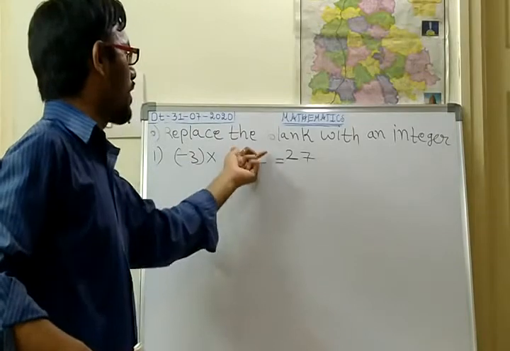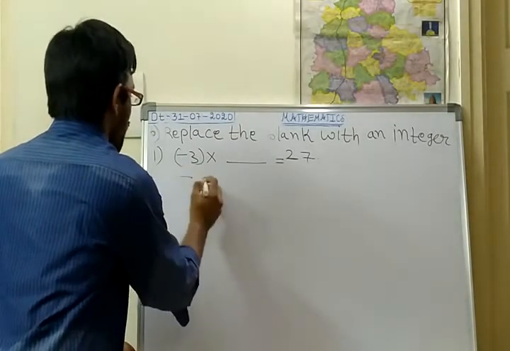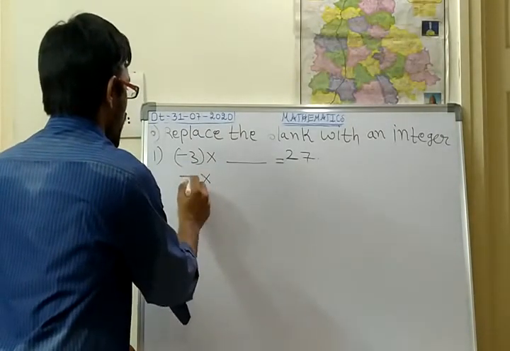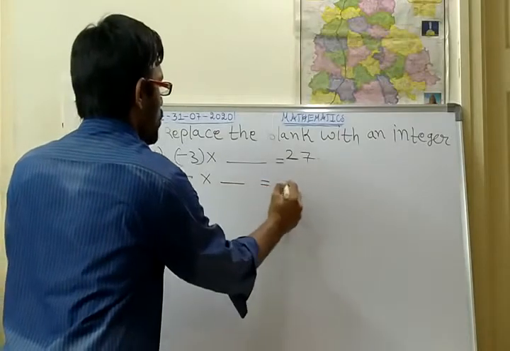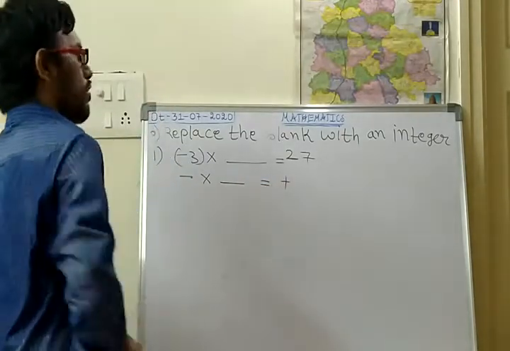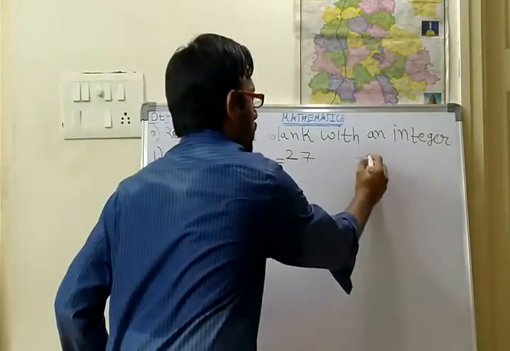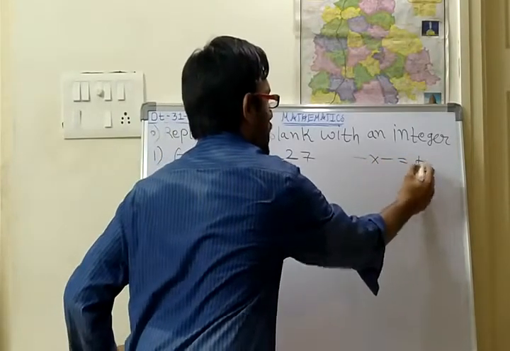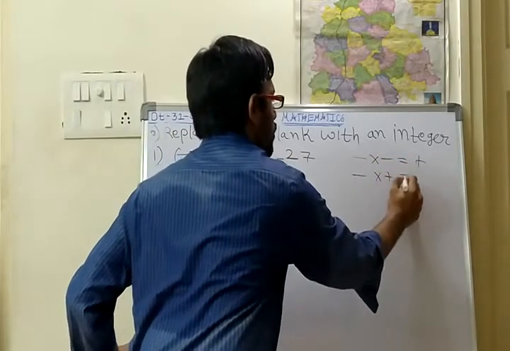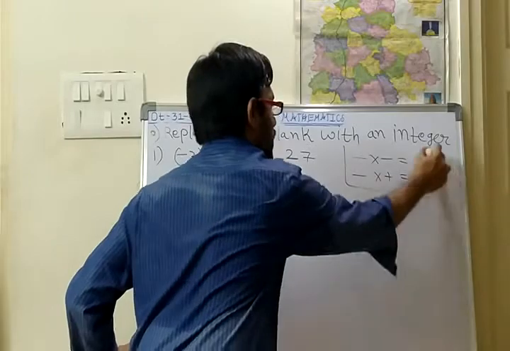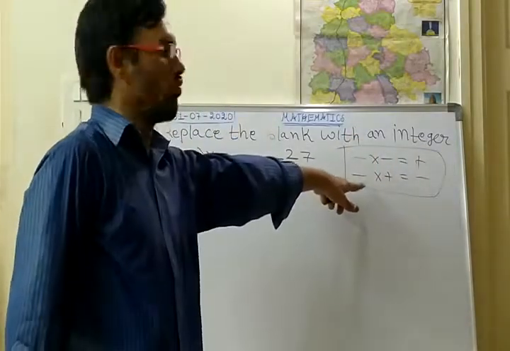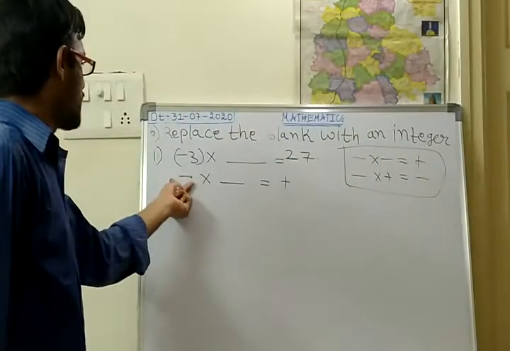The product of a negative and the dash is positive. We know some rules: minus into minus is plus, minus into plus is minus. So here the first one is minus.